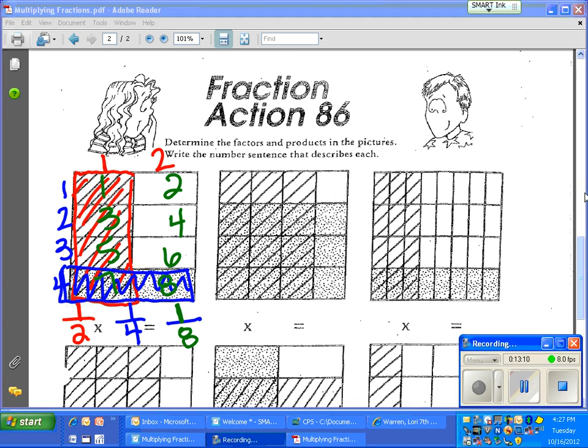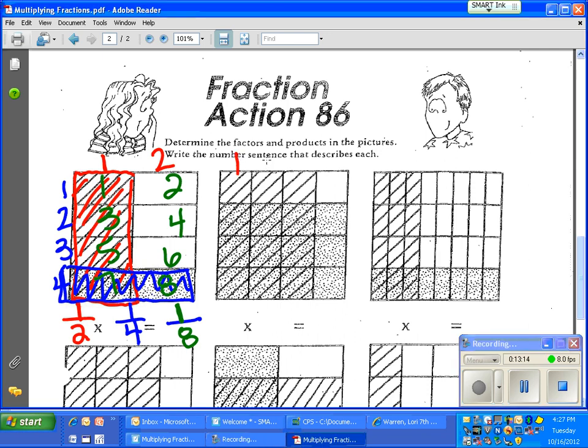Okay, so let's look at the next one. We're going to number our columns. 1, 2, 3, 4. So our first denominator is 4. Out of those 4, how many are striped? 1, 2, 3 are striped. Okay, let's jump to the rows now.